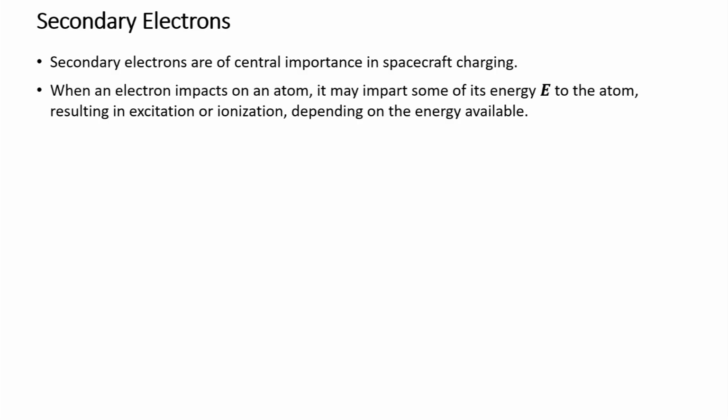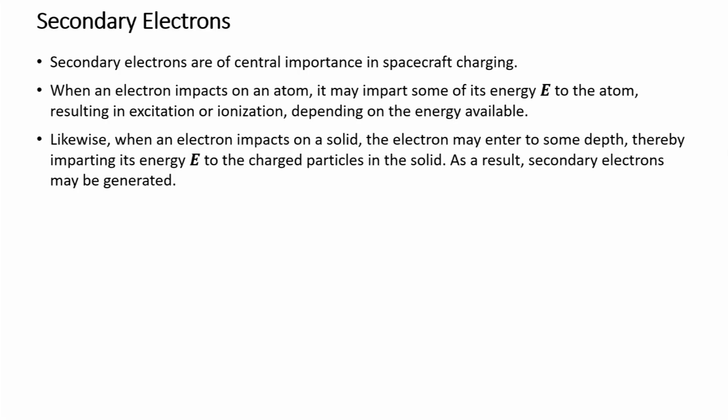So one electron comes and strikes an atom, making the atom ionized. Ionized means an electron from the outer orbit, or maybe the inner orbit, comes out and becomes a free electron, not bound by the nucleus of the atom.